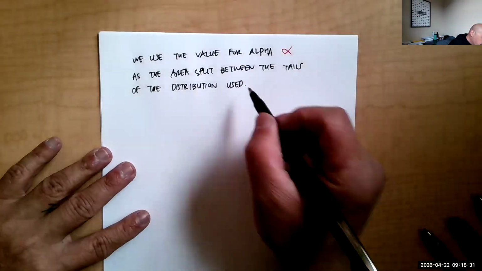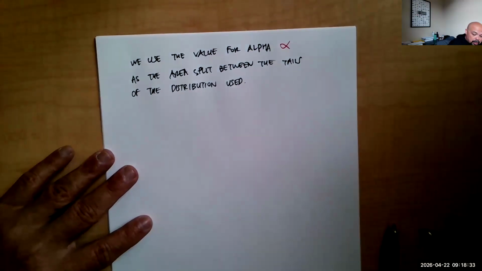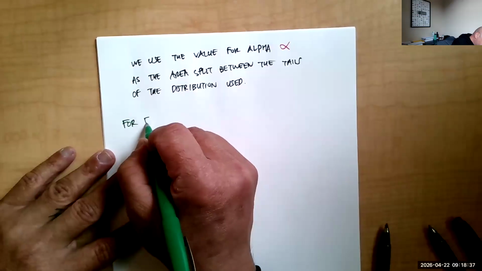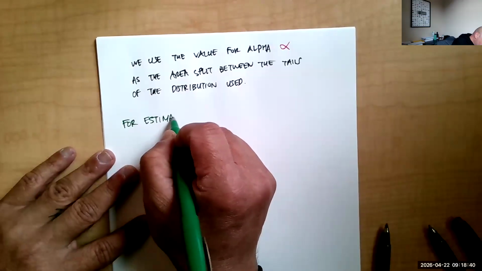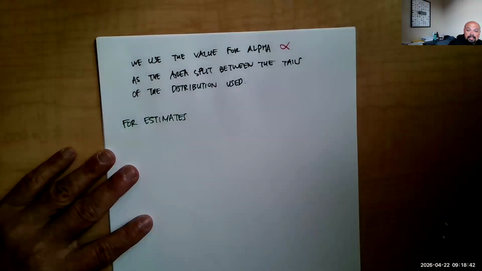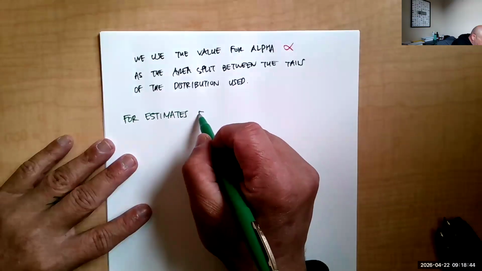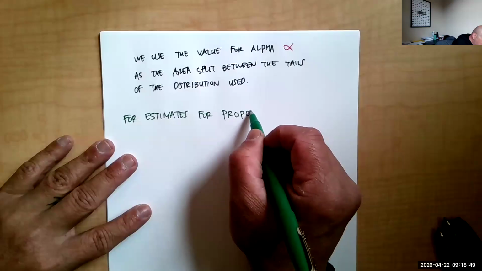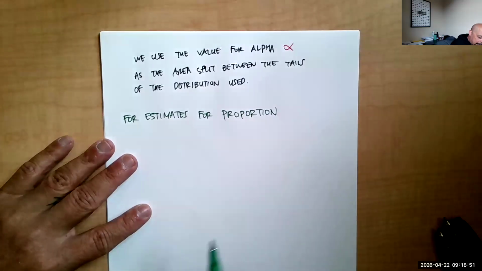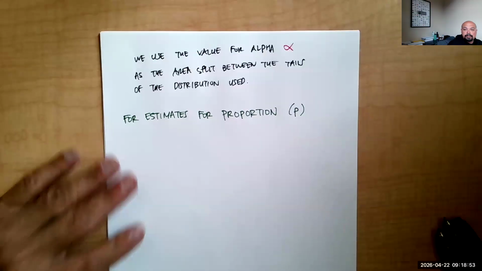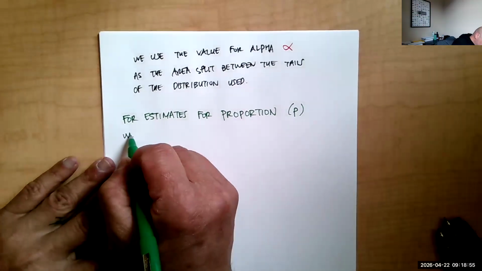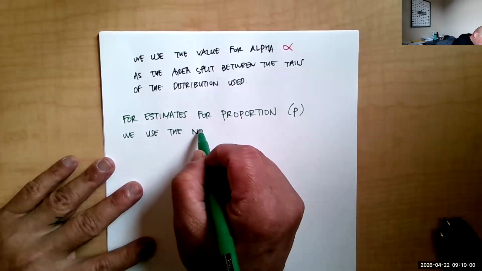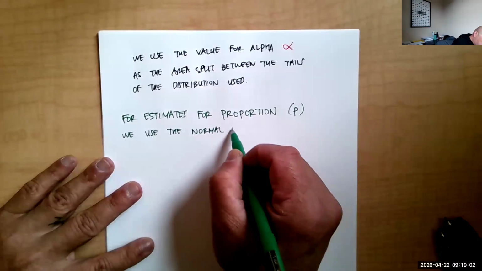And so in this case, making this note, right? For estimates, these confidence intervals and later tests for proportion, that parameter P, we use that normal distribution.